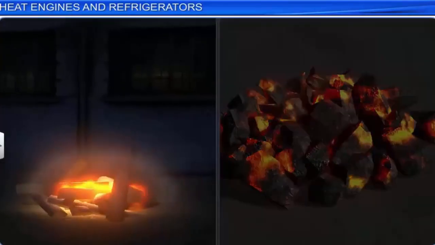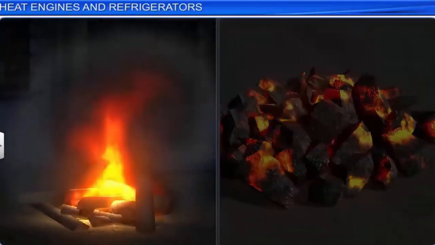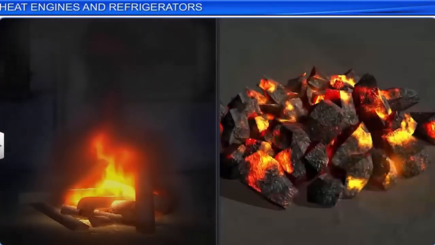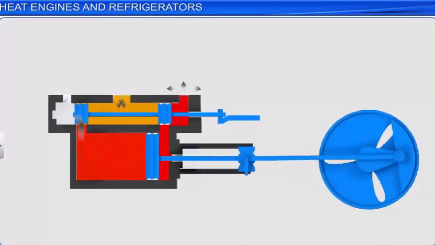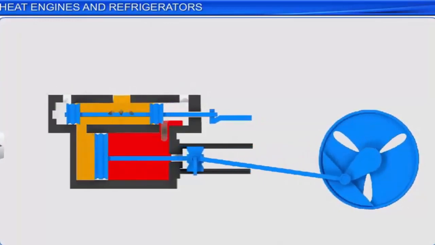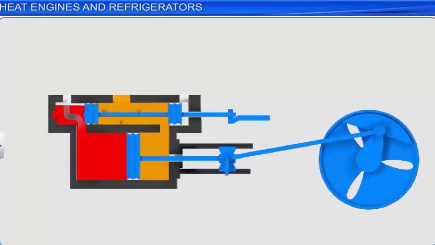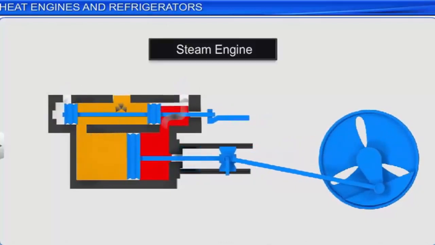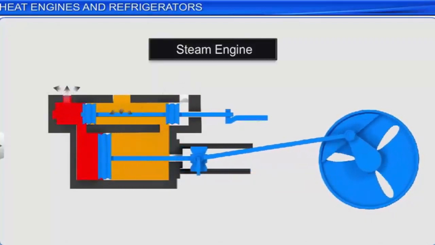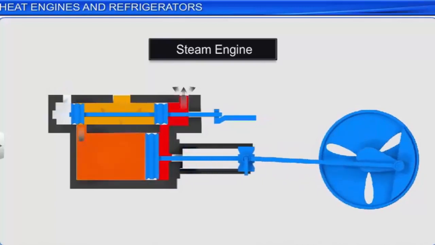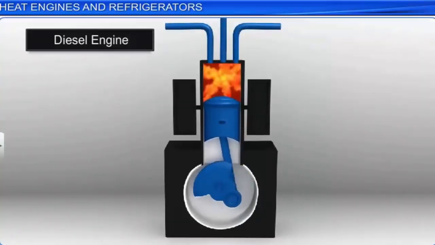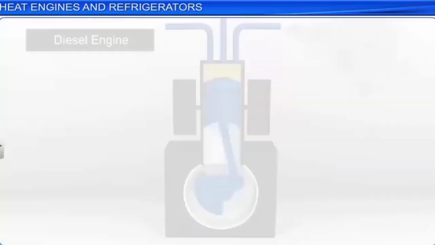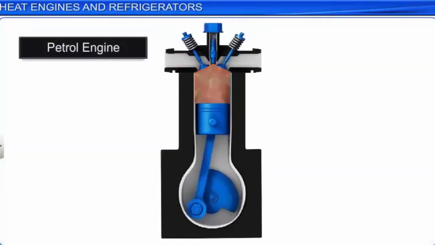But major sources of energy, like fossil fuels, can generate heat energy. A device that converts heat energy into mechanical energy is called a heat engine. A steam engine, diesel engine, and a petrol engine are some examples of heat engines.